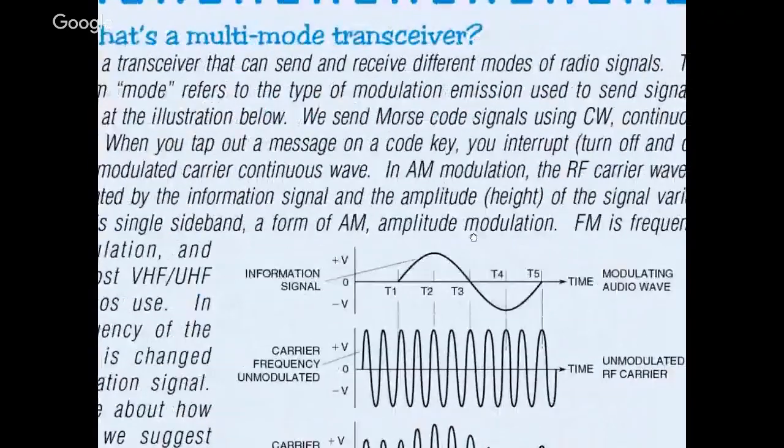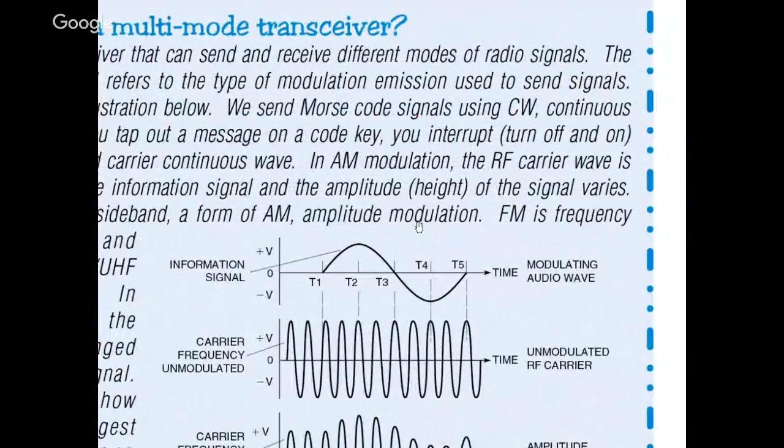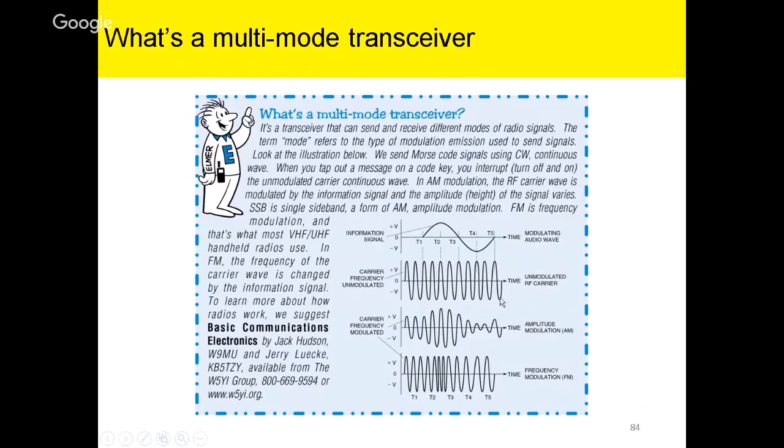And you can look at the illustration below. We can send Morse code signals, otherwise known as CW or continuous wave. You tap out a message. You can modulate an AM signal on an RF carrier wave. You can broadcast single sideband, which is a form of amplitude modulation, except you're not really transmitting a carrier.